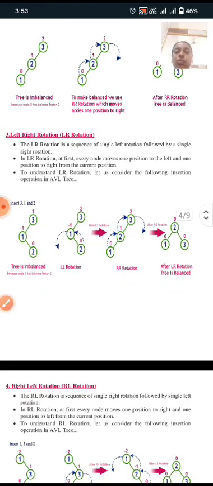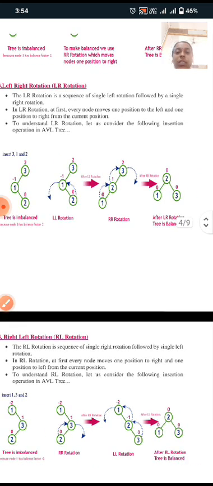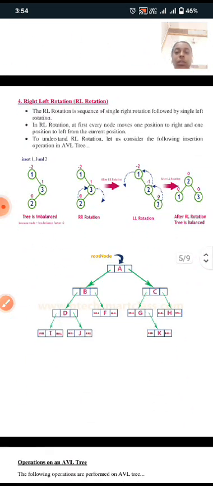Next, the third one, left-right rotation. For example, we are inserting a value to the left and then right, and the tree is imbalanced. We use the left-right rotation, which is 2 rotations: first left and then right. This is an example of left-right rotation. The next, fourth and last one, is right-left rotation.